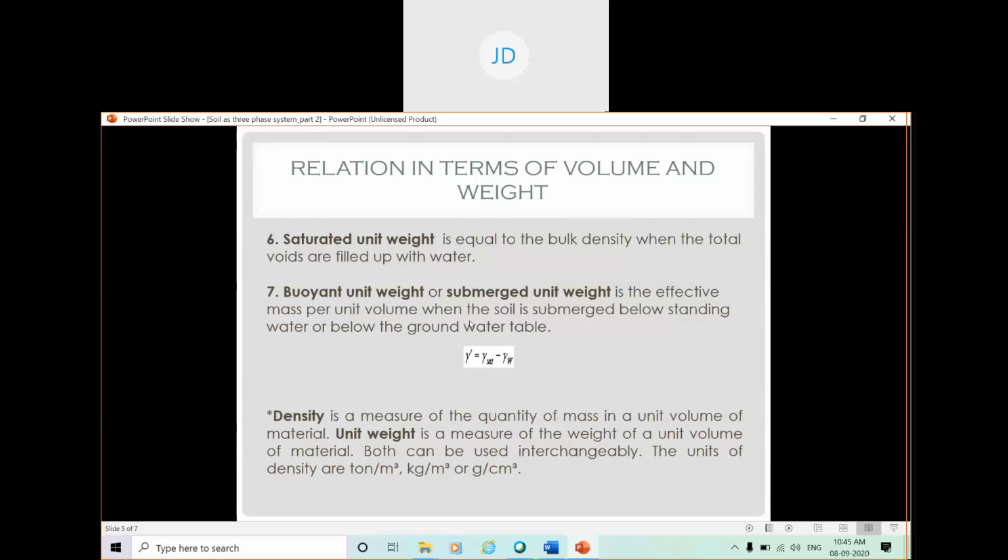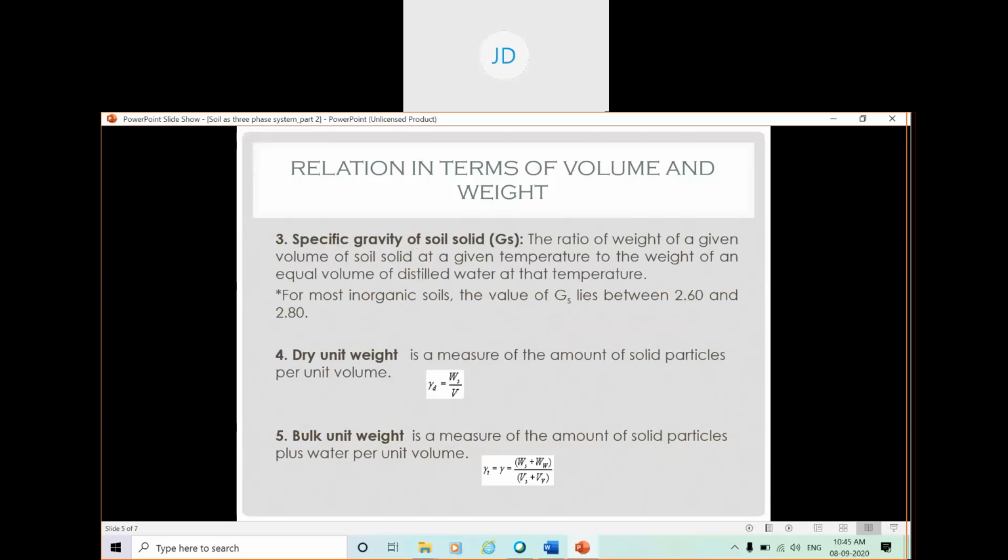Similarly, in the same manner, we can find density for the same type of soil. Like bulk unit weight, the same way we can find bulk density. Simply we need to replace W by M for mass.